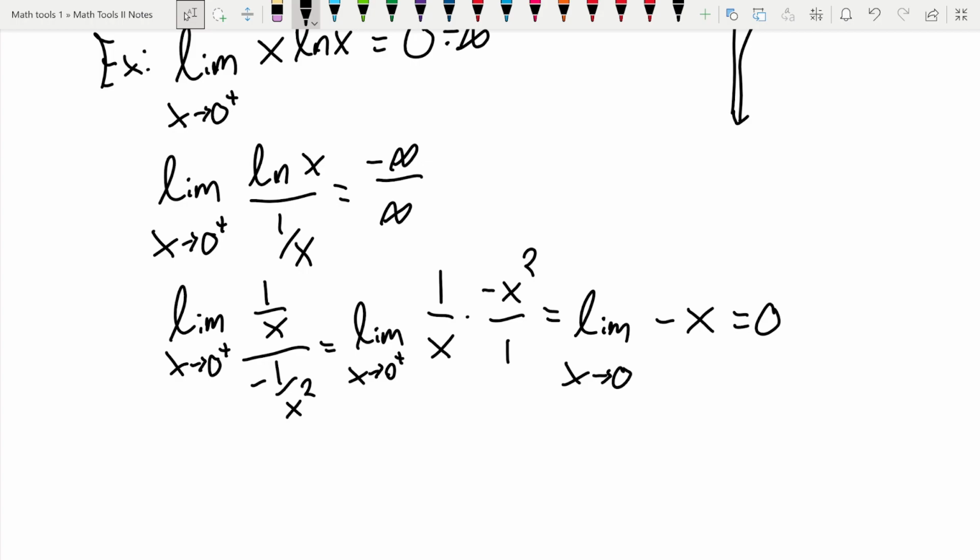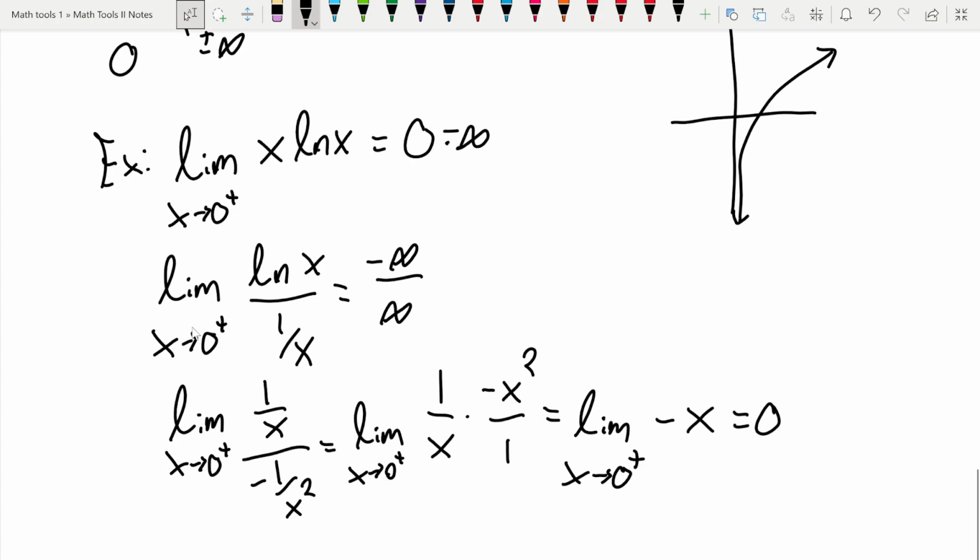And this is just going to be 0. Okay. I dropped the right-hand limit, but it actually wouldn't matter here. Okay. So we were able to rewrite this, even though we couldn't apply L'Hopital's rule in the beginning. We could rewrite it and then apply L'Hopital's rule to get that this limit is equal to 0.